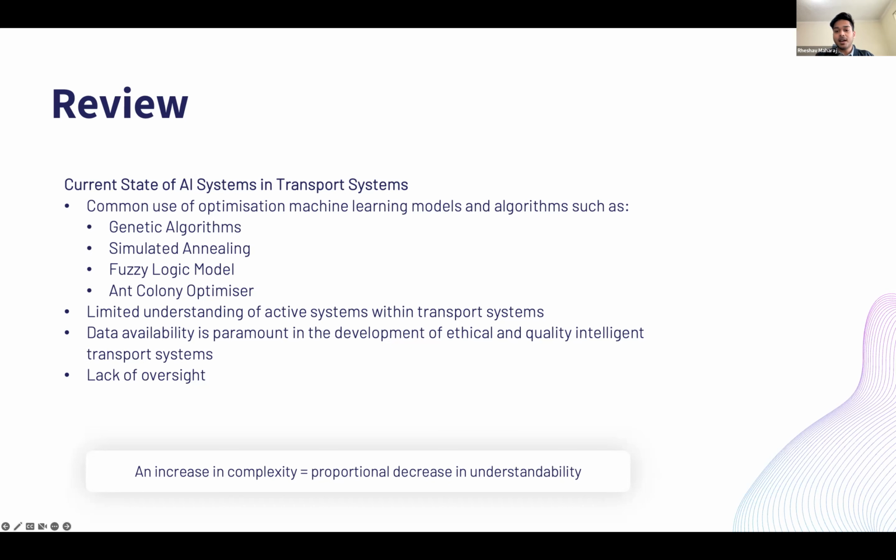Most of them I have found to be used in more low-risk applications, which are traffic management or traffic predictions, mapping, and just on a higher level in terms of intelligent transport systems, not quite into the autonomous vehicle realm, as one would say. Then, of course, there's a limited understanding of these systems within transport. Hence, that warrants the need for research into it.